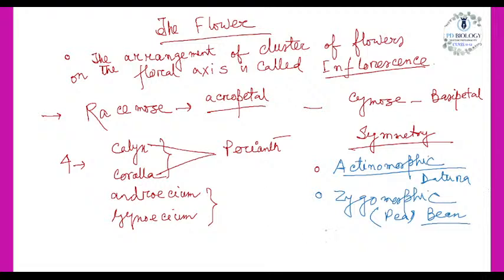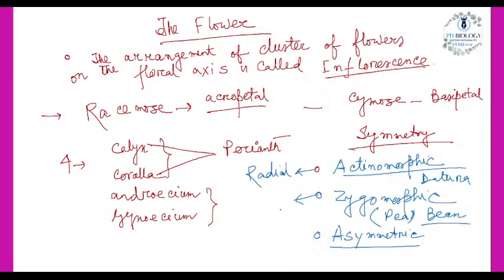Another one, you know this one, that is asymmetric, or irregular flower. So actinomorphic, you can say radial symmetry.